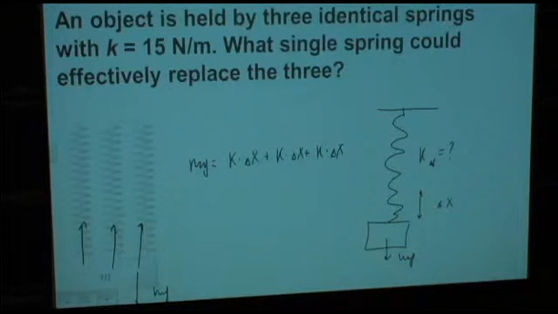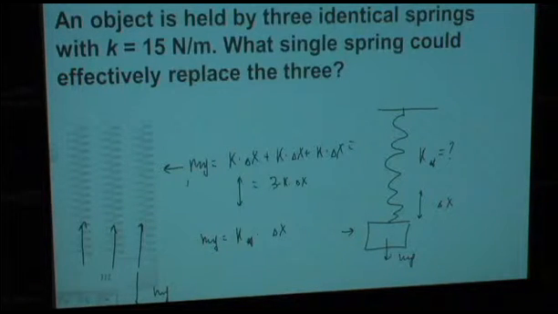Well, we can write the same equation. So this equation is for this system. This equation is for that system. It has to be equal to the effective spring constant times the same elongation. And now we can solve. Mathematically, this is equal to 3 times k times delta x.